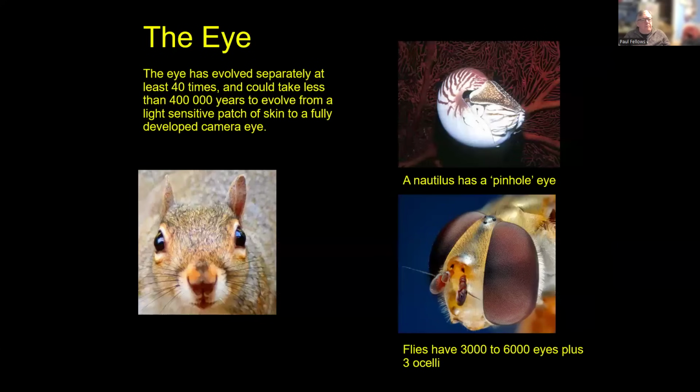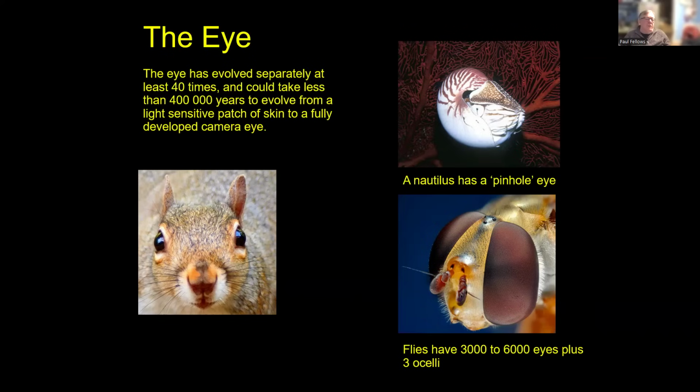But we know now from biology that the eye has evolved separately, independently, quite separate, different paths, 40 times to produce different forms of eyes. And we know that it doesn't actually take very long to go from a simple light-sensitive patch of skin to a fully developed form of an eye.